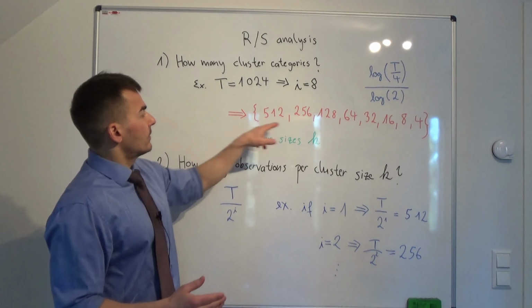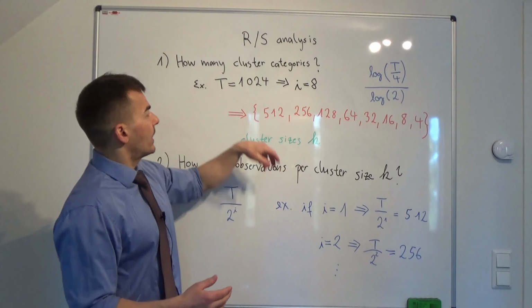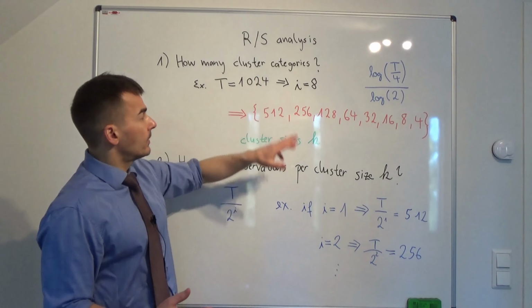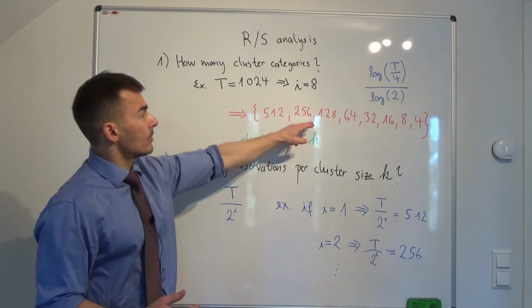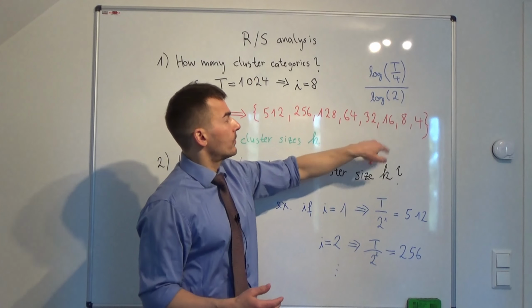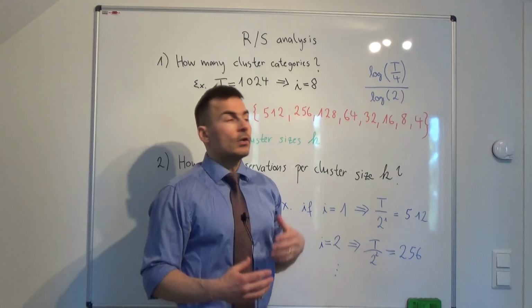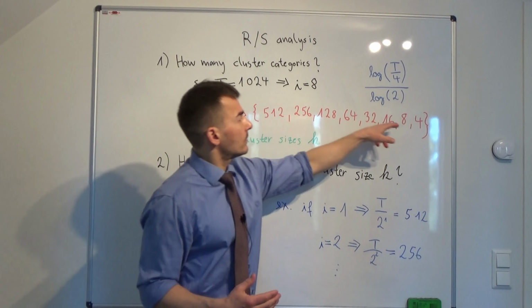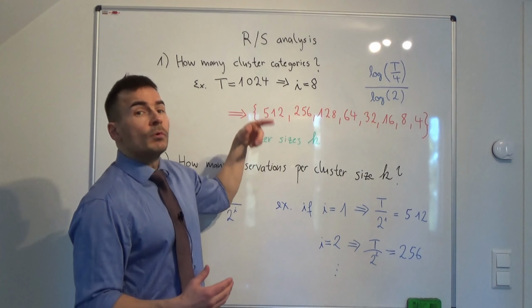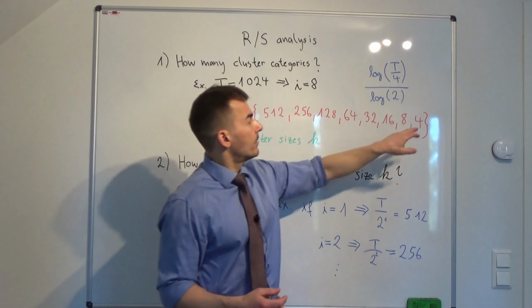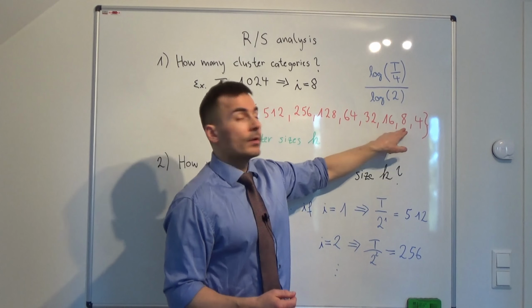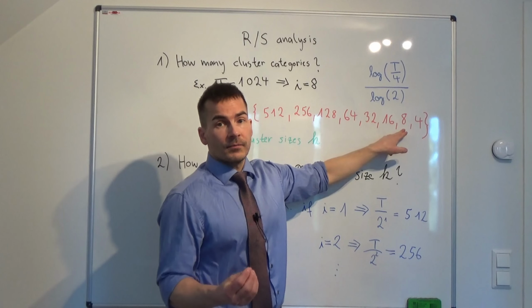the cluster size of each category is then given by 512, 256, 128, 64, 32, 16, 8 and 4. So you see all of the cluster sizes are a multiple of 2. If you multiply 4 by 2, we have the cluster size 8.